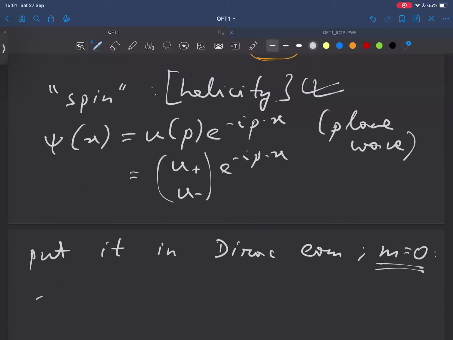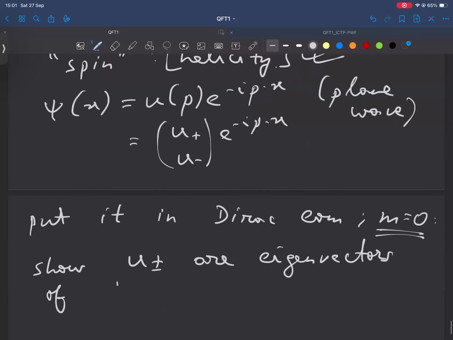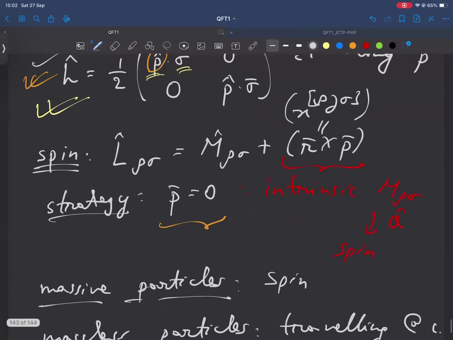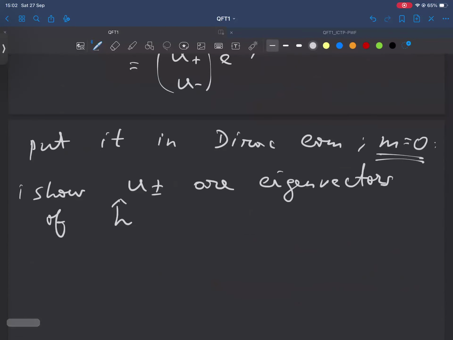When you do that, you can show that these u plus minus are eigenvectors of this helicity matrix that we constructed. And the next thing to find is that they have eigenvalues plus and minus half.